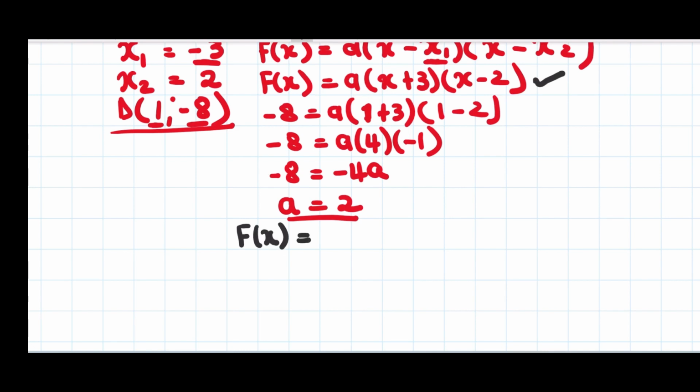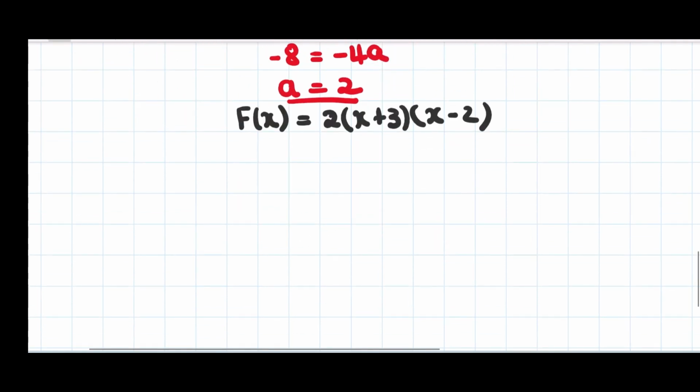Let's do that. Here we are going to have f(x) = 2(x + 3)(x - 2). It's no longer a, because we found that the value of a is 2. Once we get to that, we simplify the brackets, which gives 2(x² + x - 6).